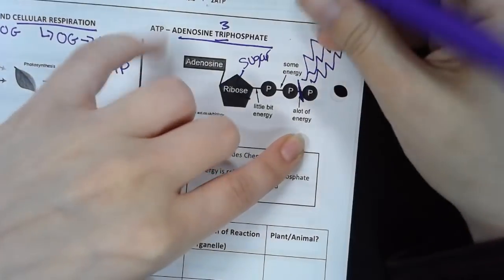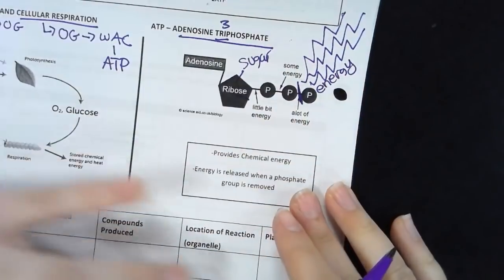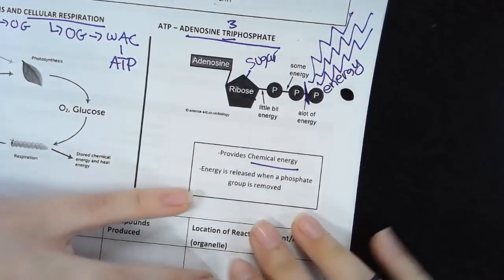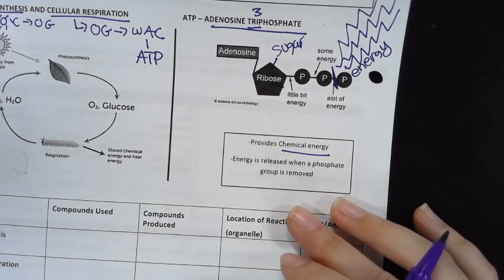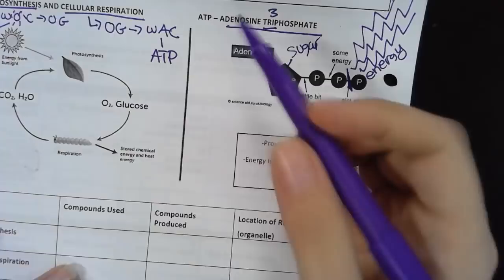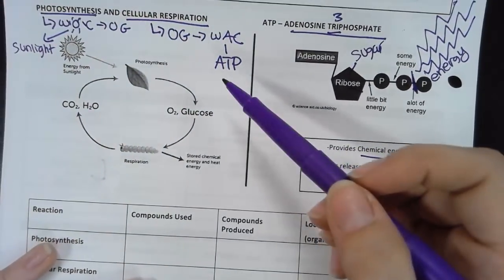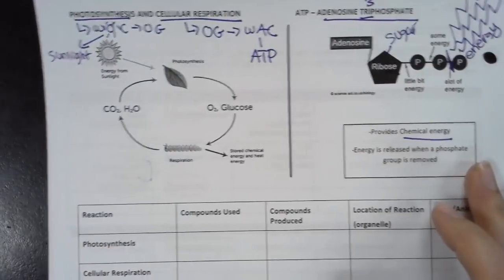Those are supposed to be lightning bolts, don't judge me. Energy, specifically chemical energy. So we need ATP literally to do every process that our cells do. That is cellular respiration's job, to produce ATP for our cells and our bodies to function.